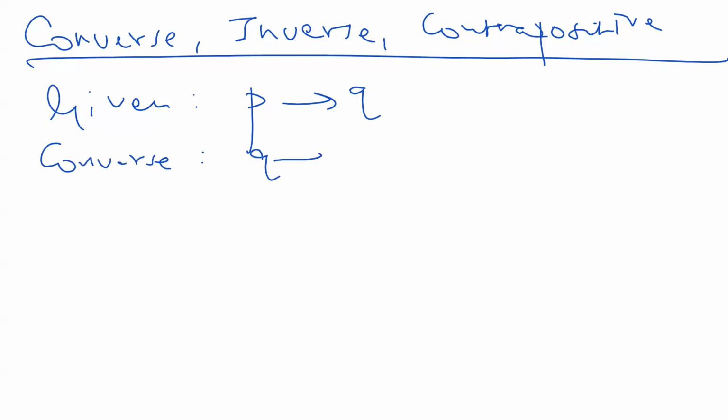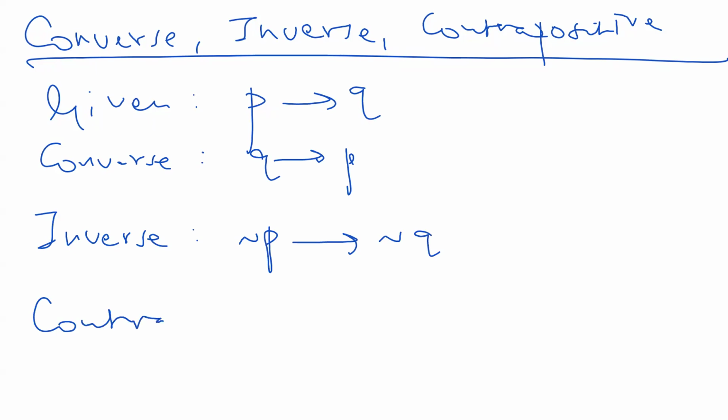Converse will be Q implication P. Inverse will be negation P implication negation Q. And contrapositive will be negation Q implication negation P. Copy.